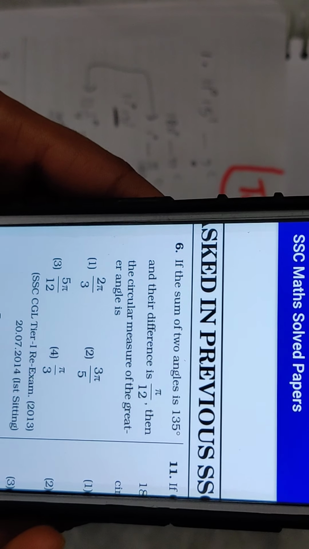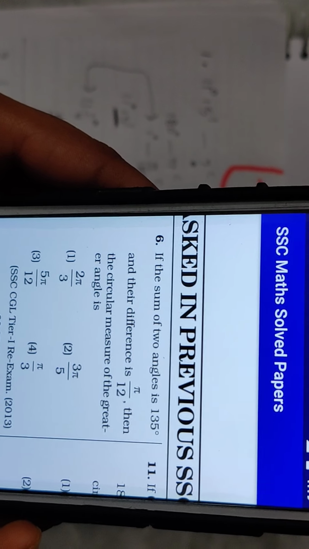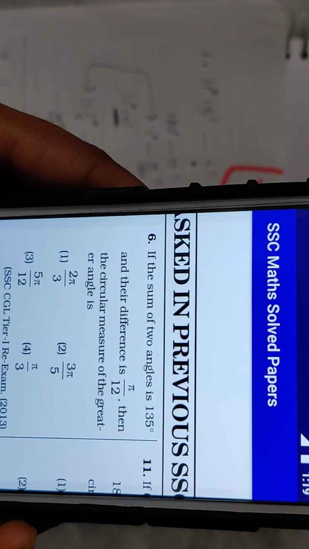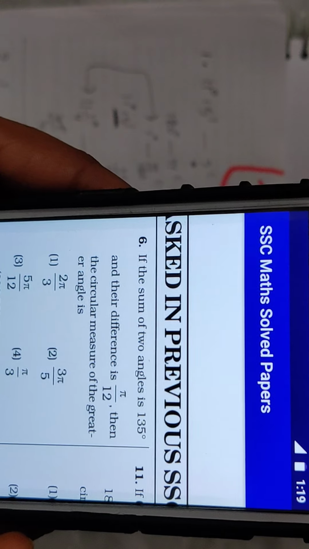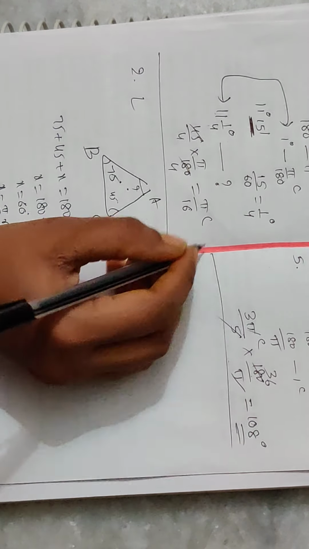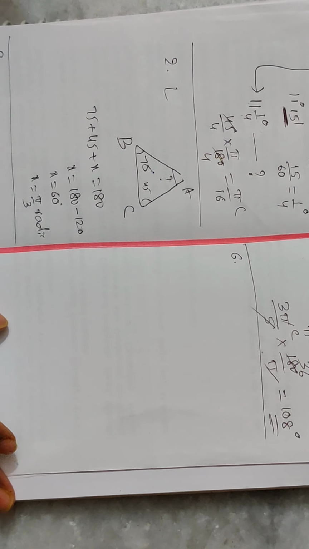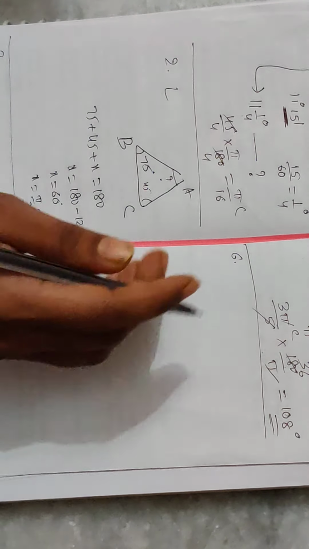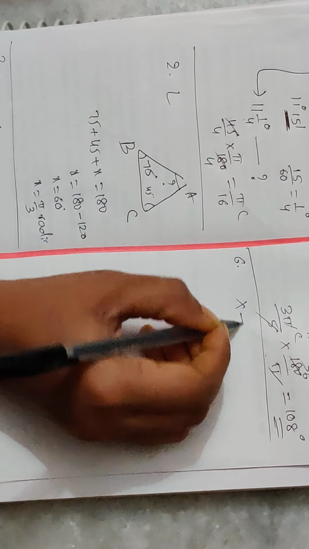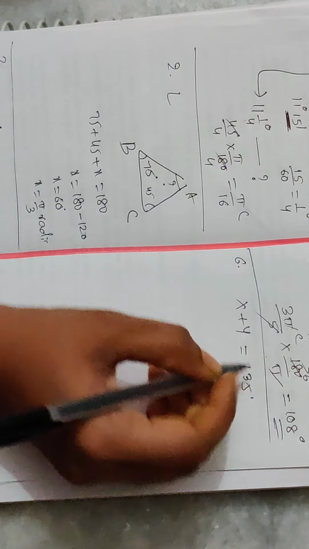If the sum of the two angles is 135 degrees and the difference of the same angles is pi by 12, then the circular measure of the greatest angle is how much? See, for this, x plus y is 135 degrees, right?